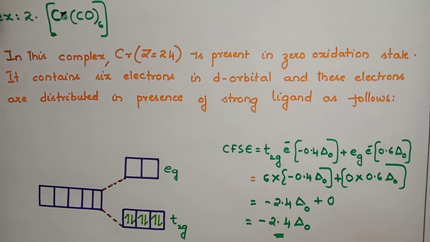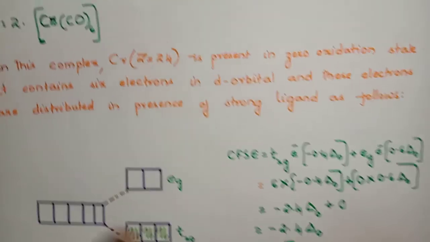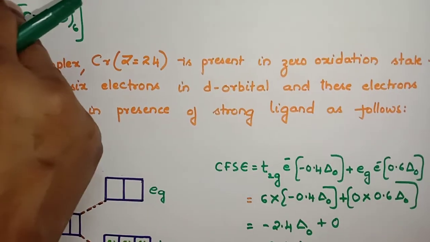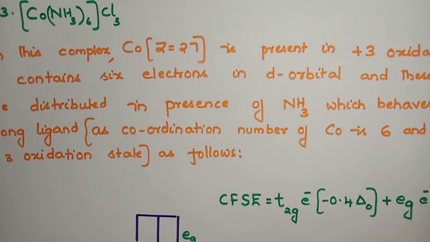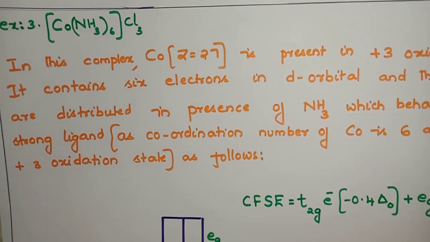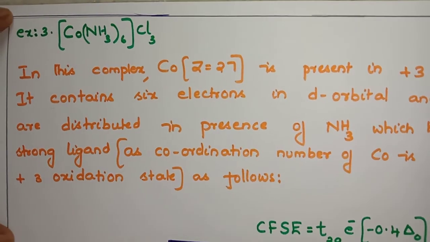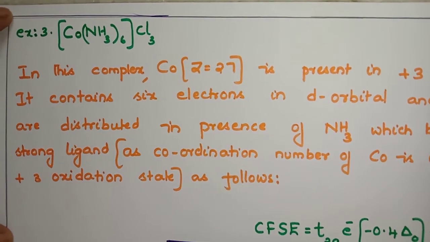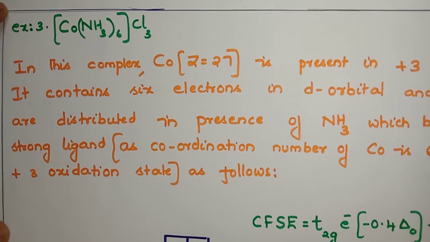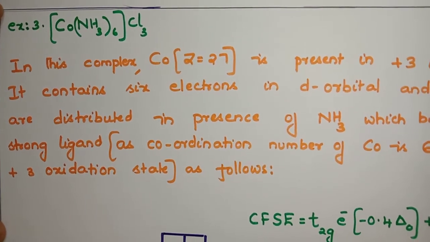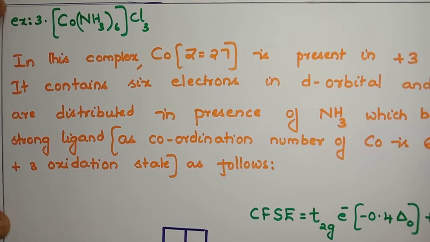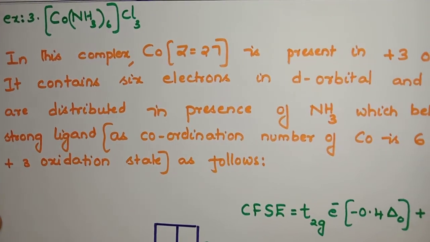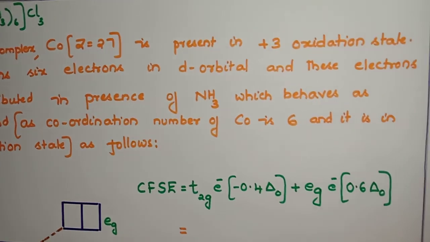Understood? Next, moving on to the third example. Look here: [Co(NH3)6]Cl3. The central metal atom is cobalt and the ligand is NH3. The atomic number of cobalt is 27 and it is in the +3 oxidation state.